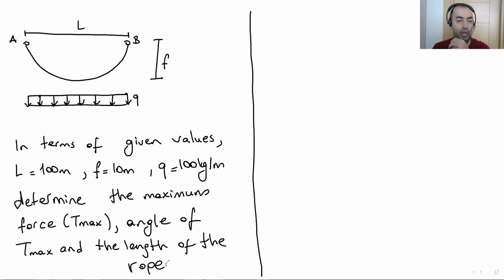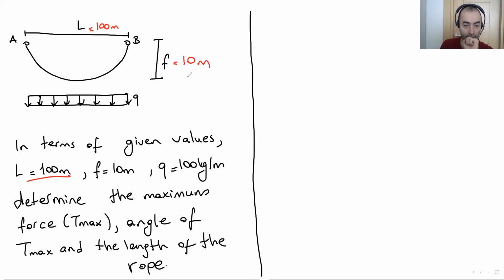Here we have a cable with uniform distributed load. L, F, Q are all given in the question. Let me write them on the sketch. L is 100 meters, and F is 10 meters.